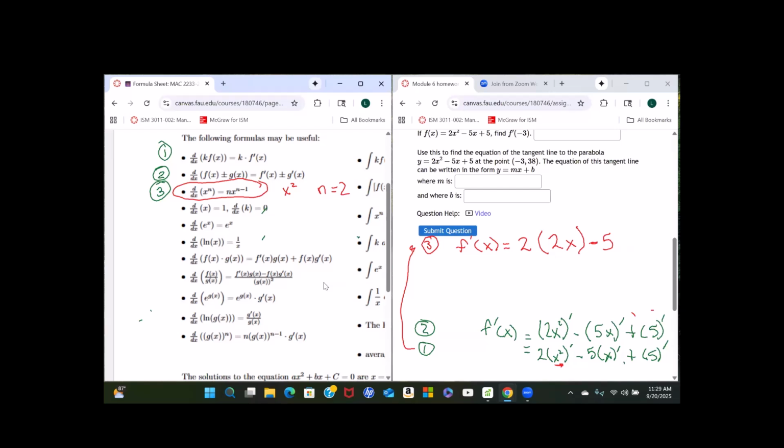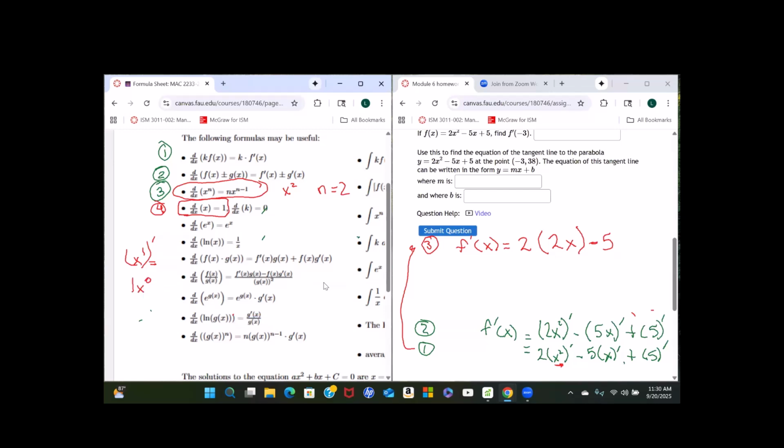Sure, but what does that mean? The derivative of x, there are 2 ways you can look at it. The way you looked at it just now is perfectly fine, but I'll explain why it's the same. If I have x to the 1 power, the derivative would be 1 times x to the 0 power.